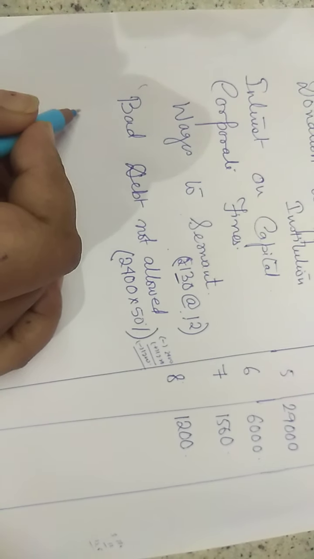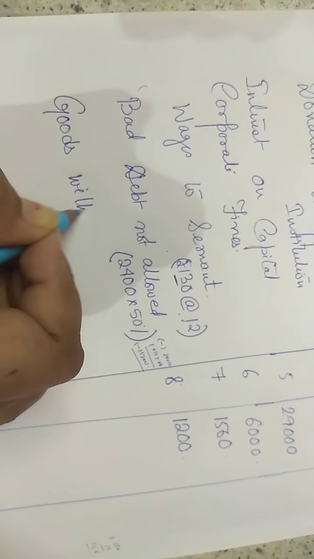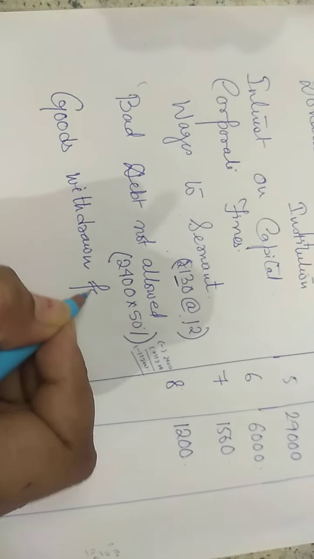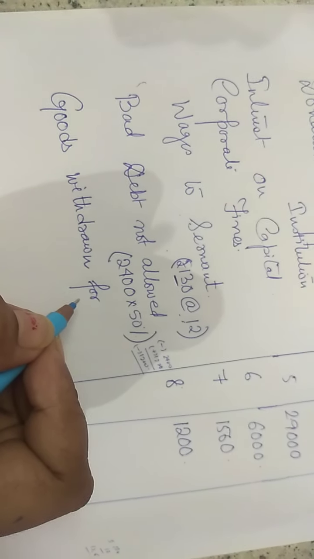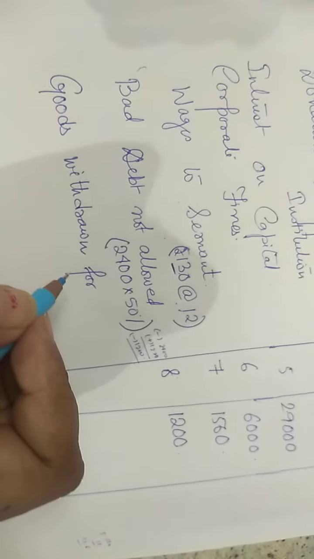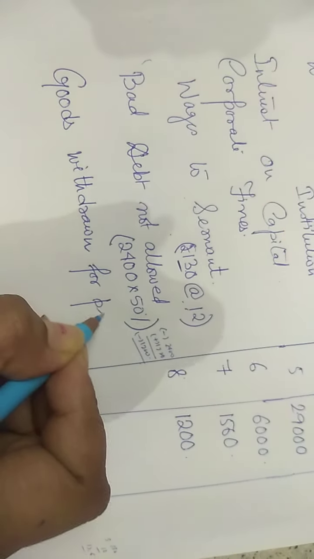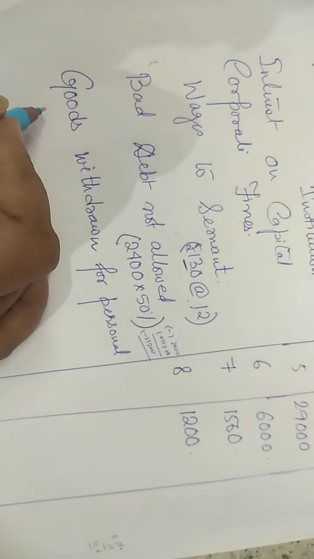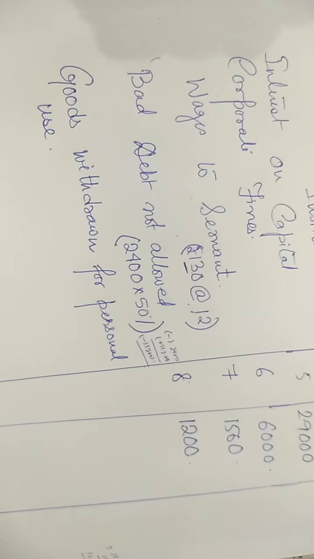Okay. Goods withdrawn for personal use. When you are taking away the goods, you are deducting it from your closing stock. Your closing stock is reducing. But you cannot record this one, goods withdrawn for personal use. Since you have withdrawn the goods for personal use, you cannot record it while computing PGBP.